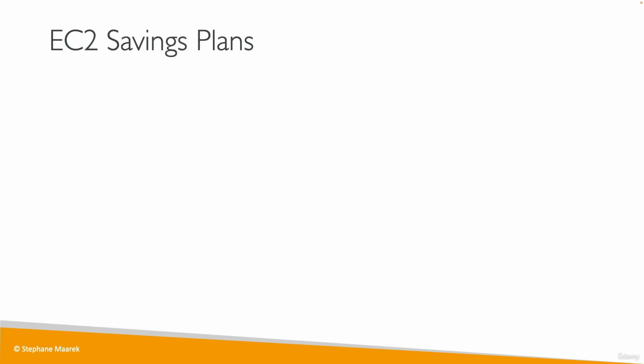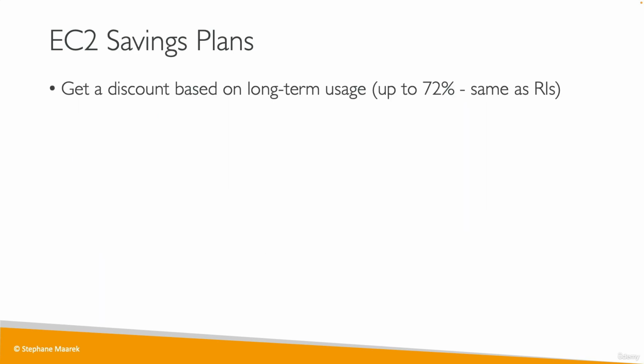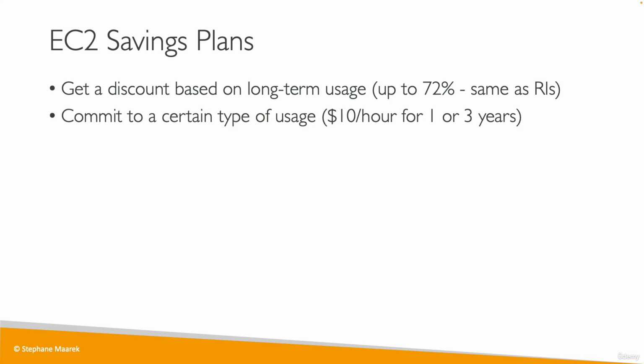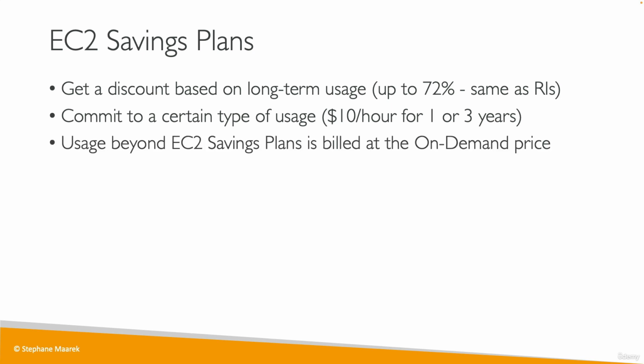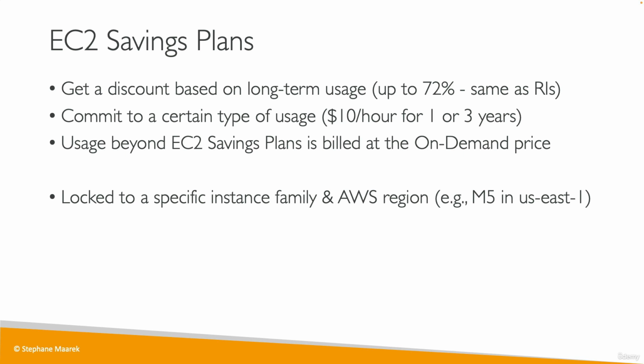And now you have the EC2 savings plans, which allow you to get a discount based on long-term usage, which is the same 70% as reserved instances. But instead, you're going to say, I want to spend $10 per hour for the next 1 to 3 years. And any usage beyond the savings plan is going to be billed at the on-demand price.